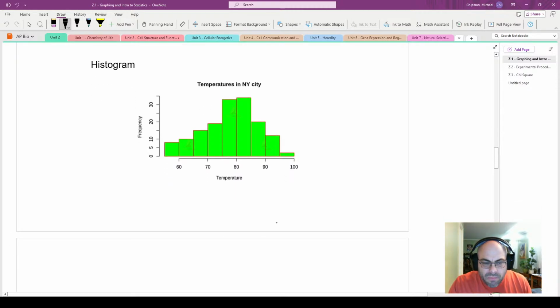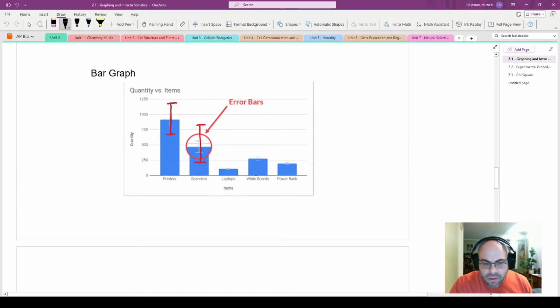Histogram, I haven't seen. Histogram has to do with frequency, the frequency of a particular value. And then bar graph you're going to see a lot too, which is going to be just comparison. Like we did a practice problem recently that had different phenotypes or something like that, and it had you count them, right?